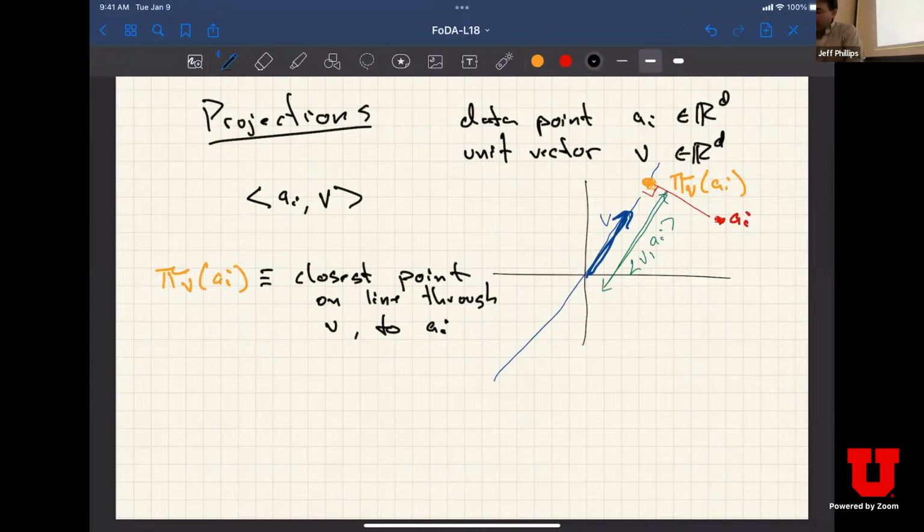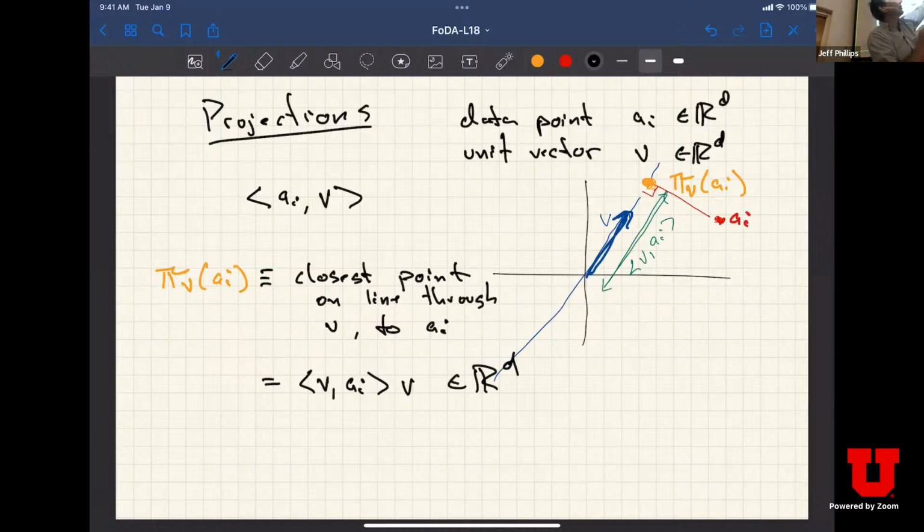I find the closest point. And I can write this as, there's a simple equation for this. Again, it's the dot product of V and AI. Remember, that's the length. But to put it in R^D, I multiply it by this unit vector V. This is now an element of R^D again, right? VAI, the dot product, is a scalar. That's the length. And this gives a vector. And I say, how far along that vector should I go? So I have the blue vector V, and how far along it should I go?